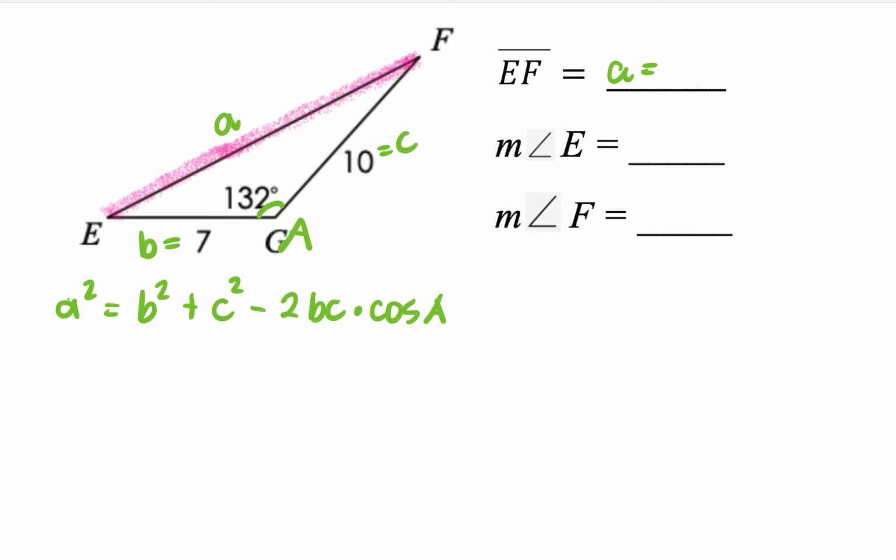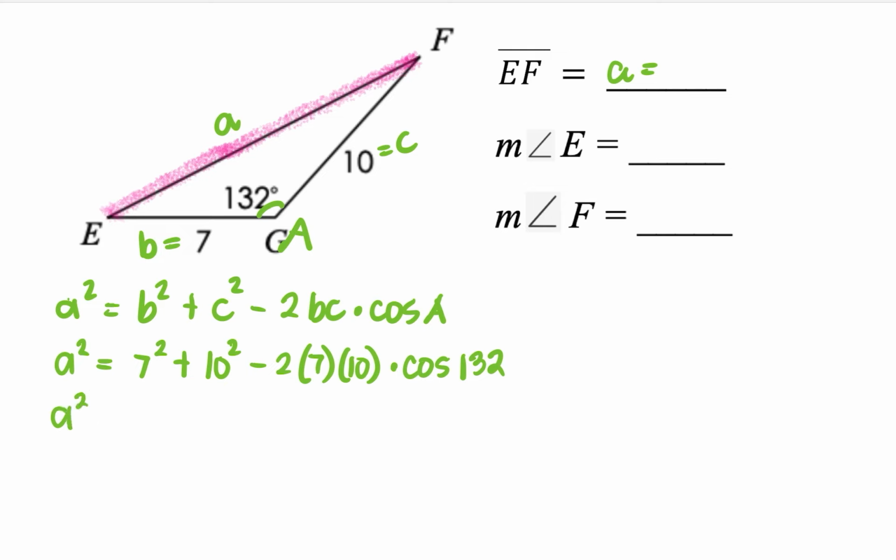Let's substitute the given. We're trying to find a. My b is 7, my c is 10, minus 2 times 7 times 10 times cosine of angle A, which is 132. We can type all of this information in the calculator and we will get 242.6783.